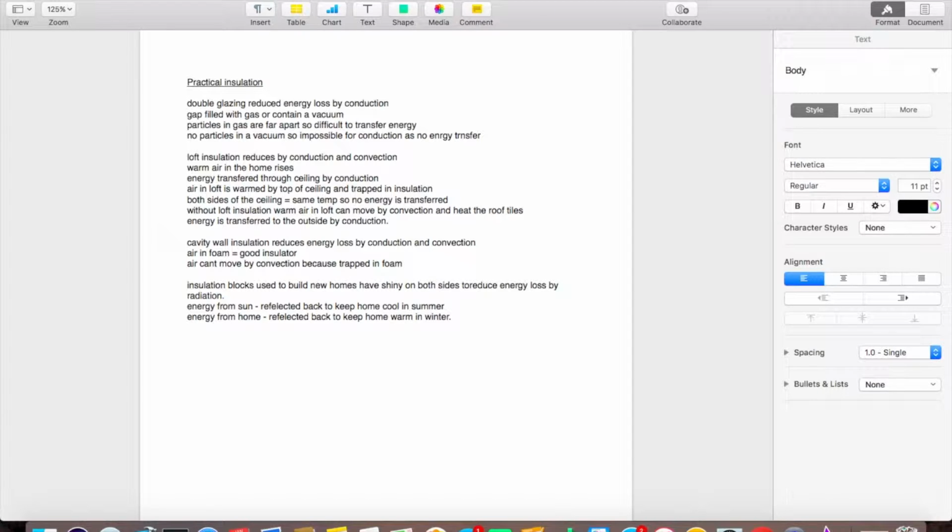Next, conduction, convection and radiation. Energy can be transferred by conduction, convection and radiation.